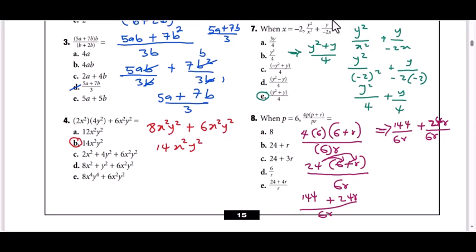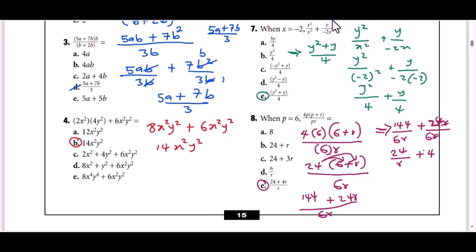Let's see how it goes. So 144 divided by 6 is going to give me 24 over R plus 24 divided by 6 is 4, right? So 4, then R cancel R, so 24 over R plus 4. I've seen our answer is E, but I will explain to you how.